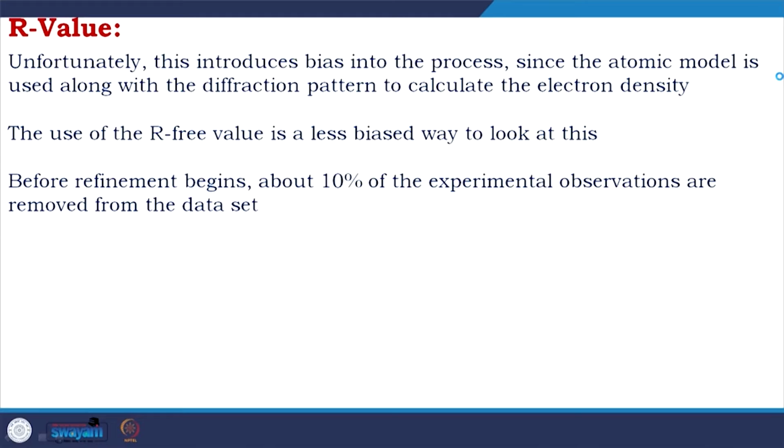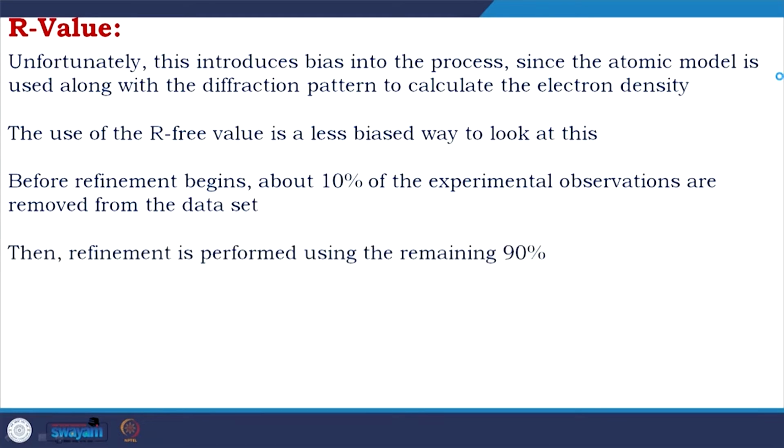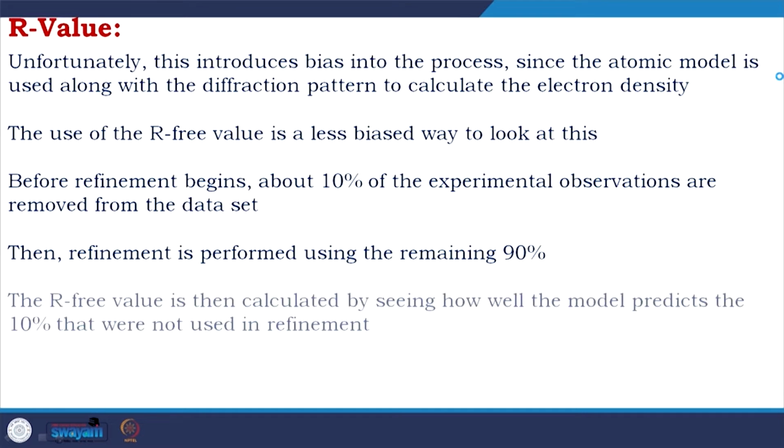Similarly, what we do, we get the entire R value, and before the refinement we have taken 10% out. So, we get the experimental observations, the frames, and we take out 10% of the data. Then refinement is performed using the remaining 90% of the data.